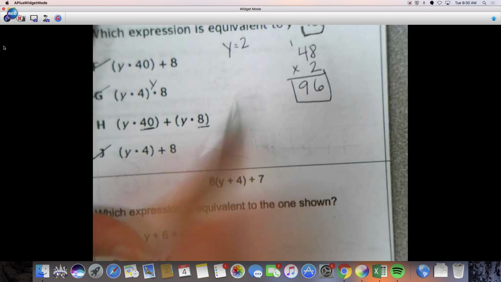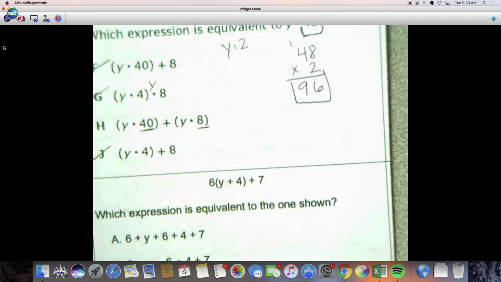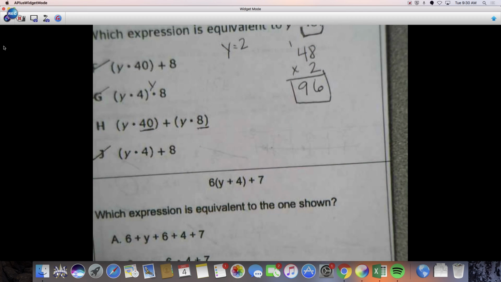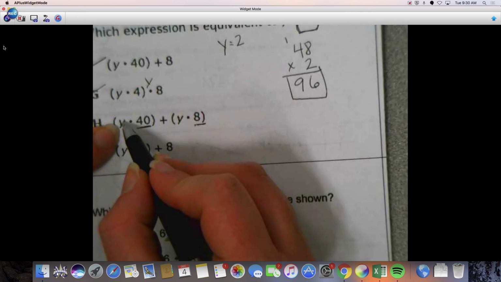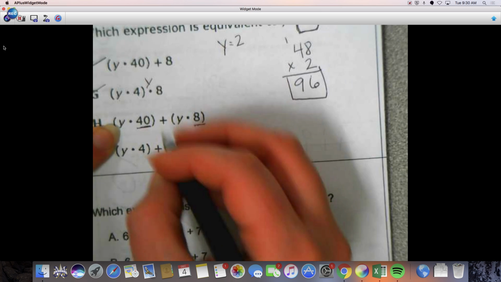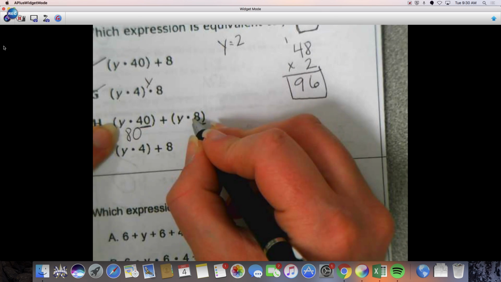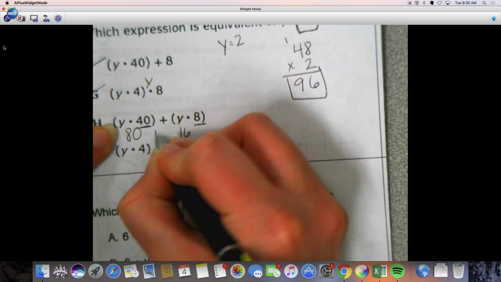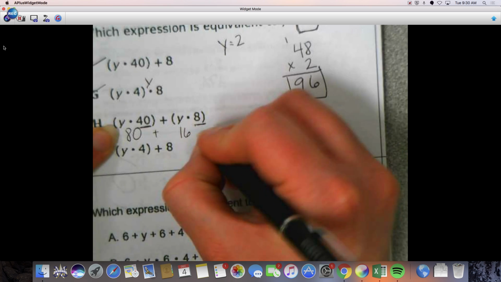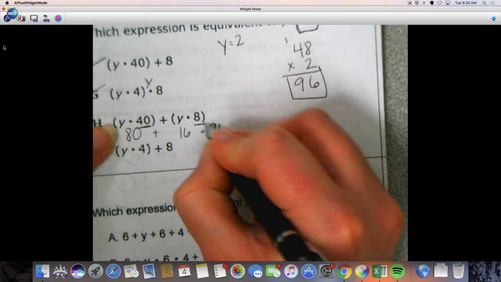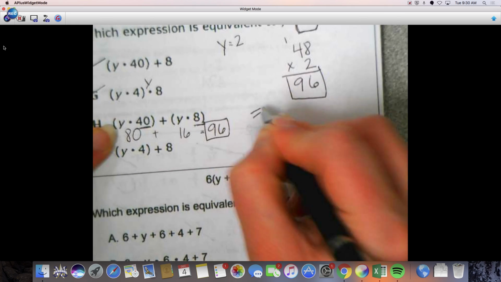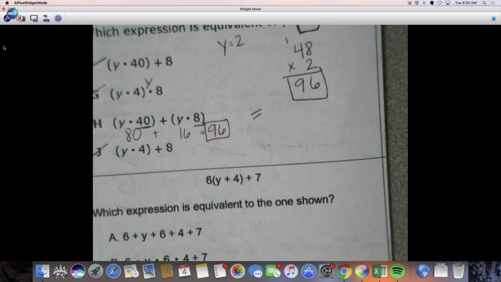So I'm now looking for a problem that equals 96. If I do this one right here, what is 2 times 40? 80. What is 2 times 8? 16. What is 80 plus 16? 96. So that equals that right there. Okay, so I know H is my answer.